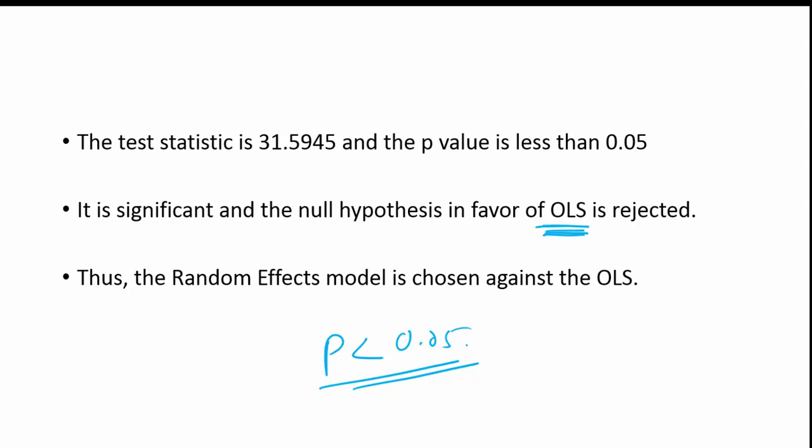So rejecting the null hypothesis gives us the confidence that the random effect model is better than OLS. So we'll go ahead with the random effect model instead of OLS. Just look at the p value. If it is less than 0.05, then go for random effects. That's the rule of thumb.